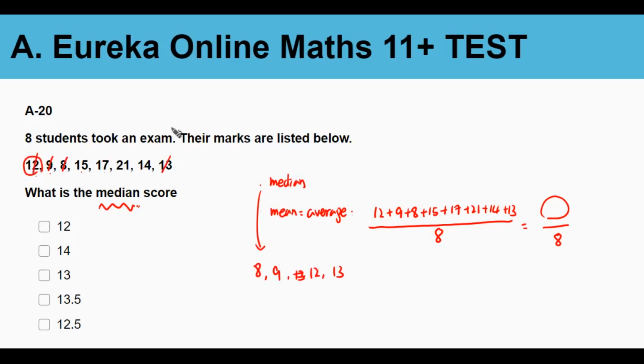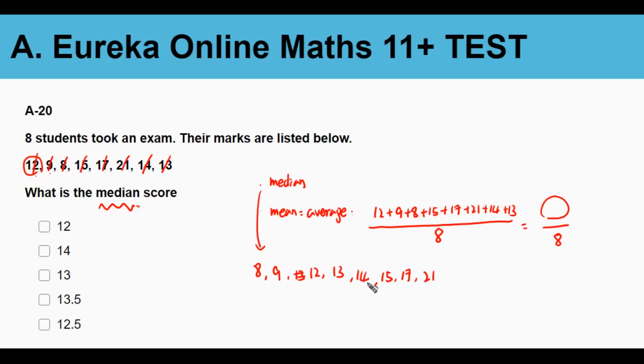That's why we need to rearrange. 14. Then it's easier to consider from the lower value to the larger value: 14, 15, 17 and 21. Right, there is no missing number here.